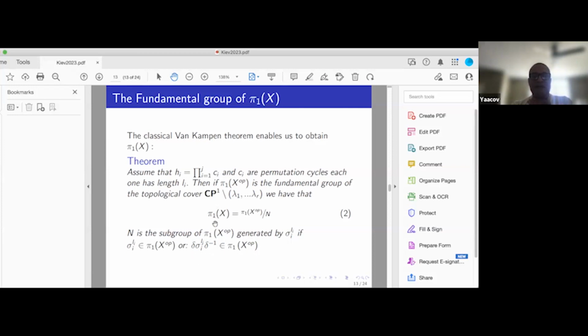Now, how do you think about the theorem in a more wordy way? Basically, those sigma i's to the power of Lj are torsion. So you take your x op and you just divide by the torsion and you're done. So pi 1 of x is now torsion free.